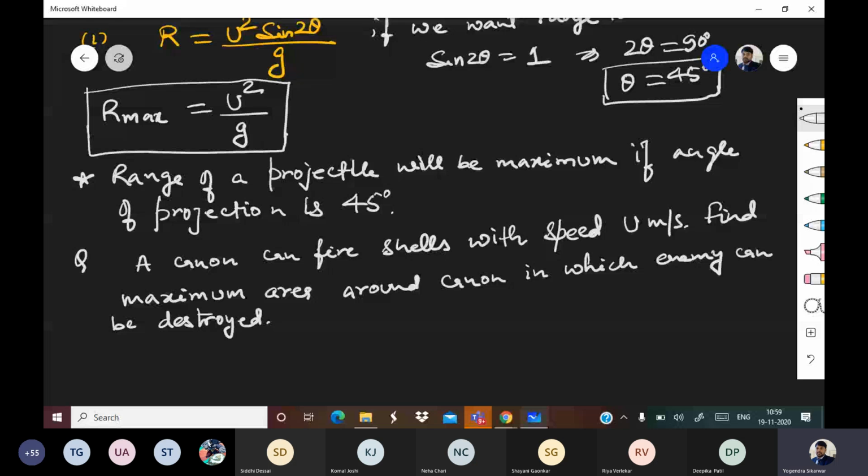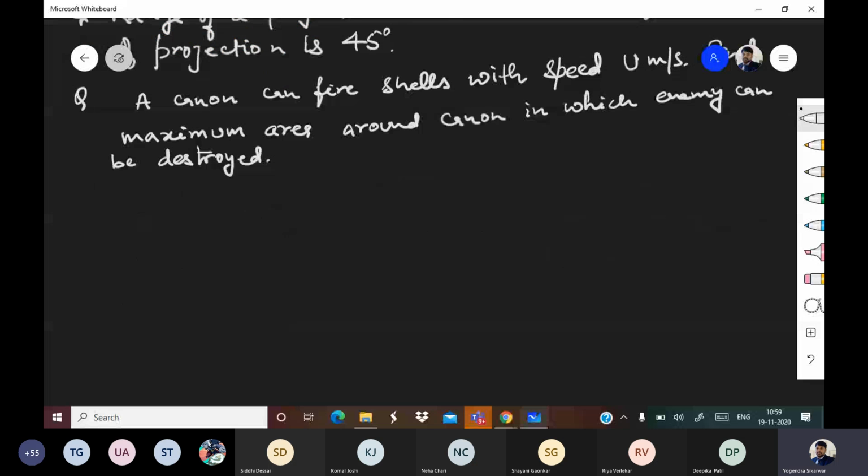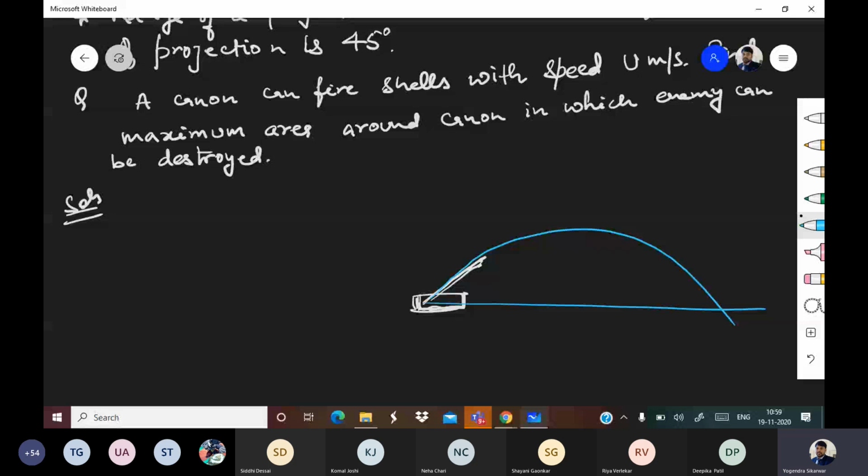Okay, everyone, please pay attention. Suppose a cannon is placed here. This is the cannon, and this is the barrel from which the shell comes out. So the shell will go like this. Now, if we want the maximum area in which the enemy can be destroyed, then we want the range to be maximum.